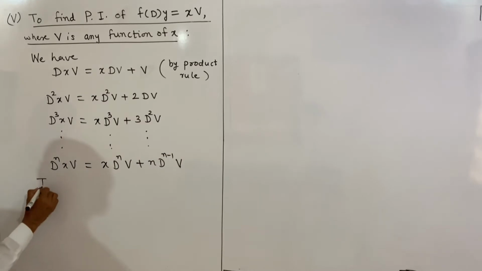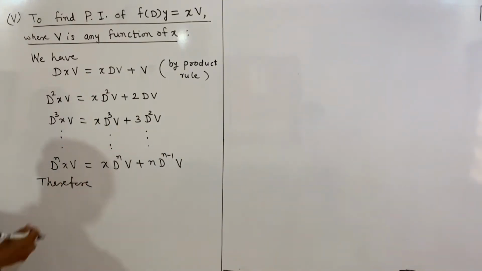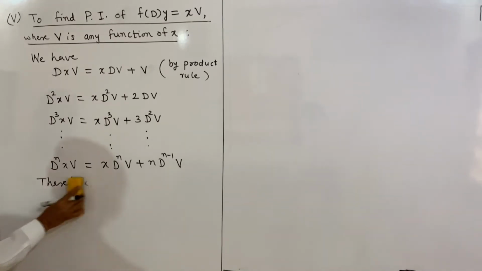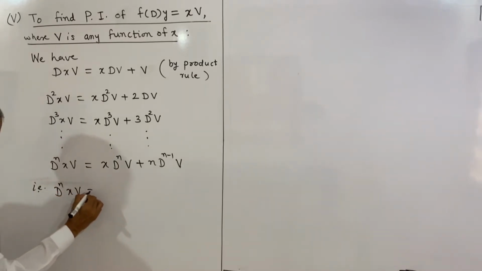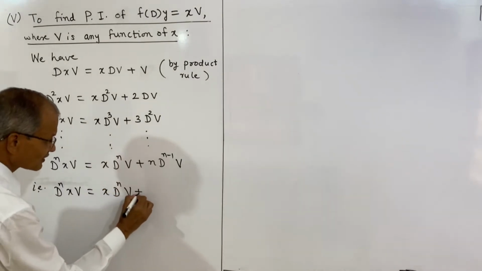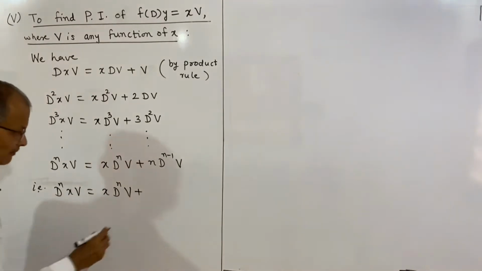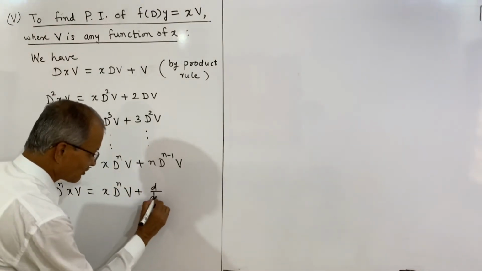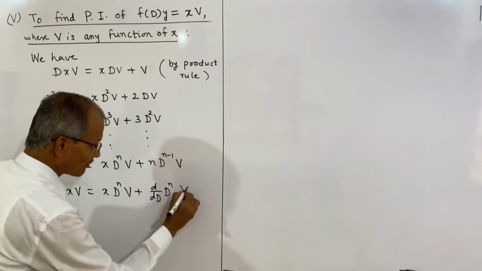And thus this can be written further as D power n of x into v is equal to, we keep this as it is, x D power n v plus the derivative of D power n, that is the derivative with respect to D of D power n, operated on v.